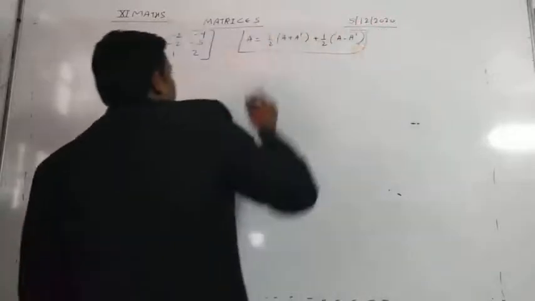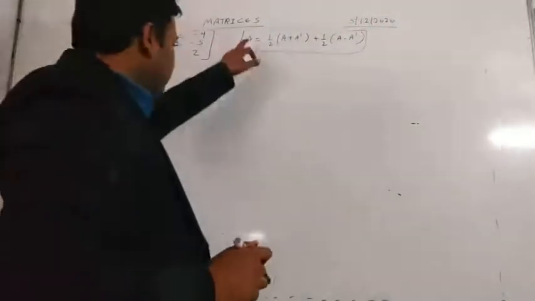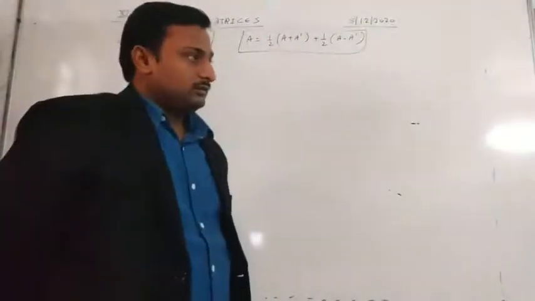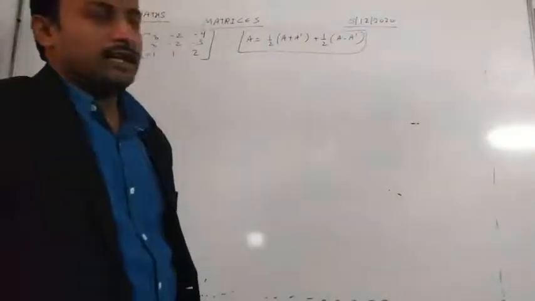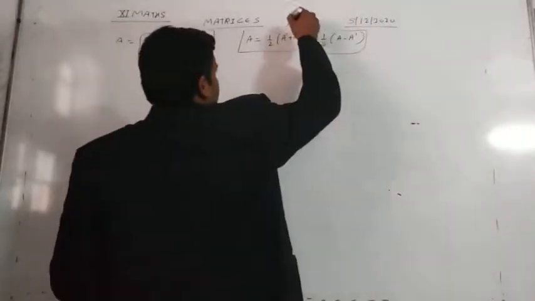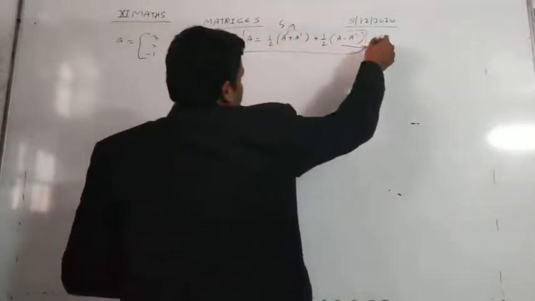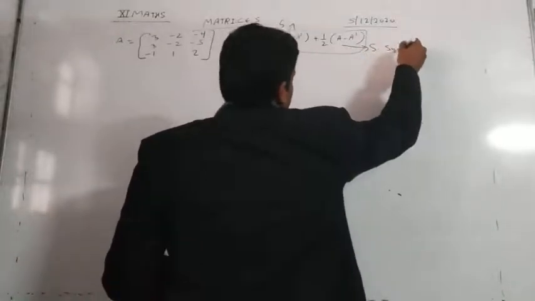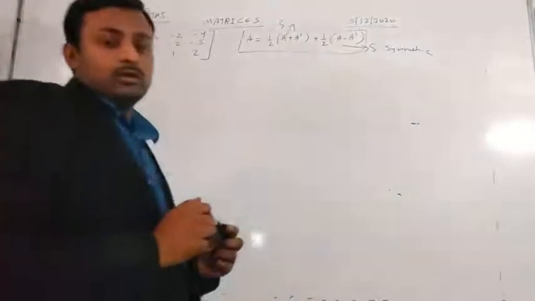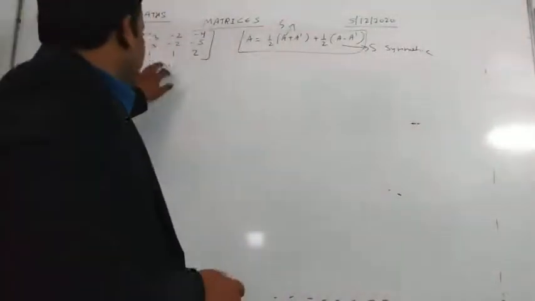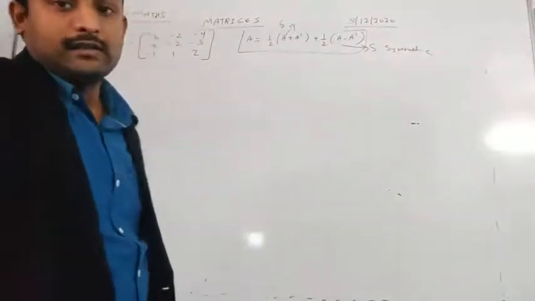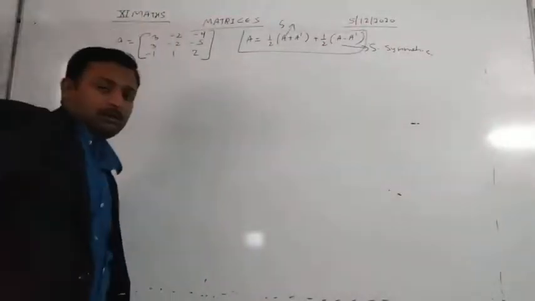In this way we can show that A is equal to 1/2 (A + A') plus 1/2 (A - A'), where the first part is symmetric and the second part is skew symmetric. If we are able to represent this matrix A in this form, then we can say that it will be our proof.